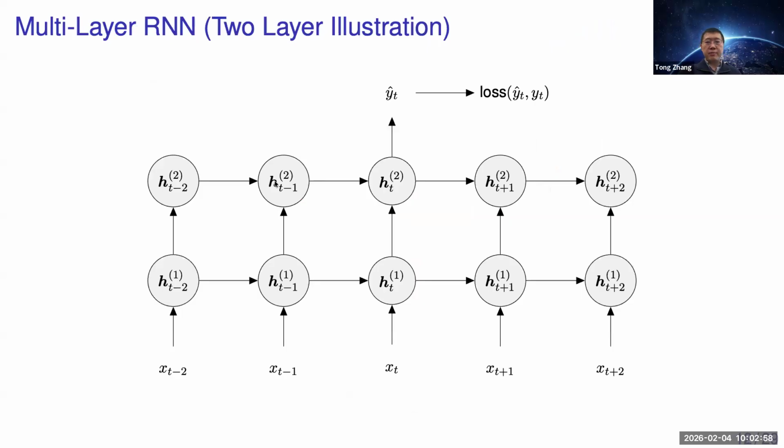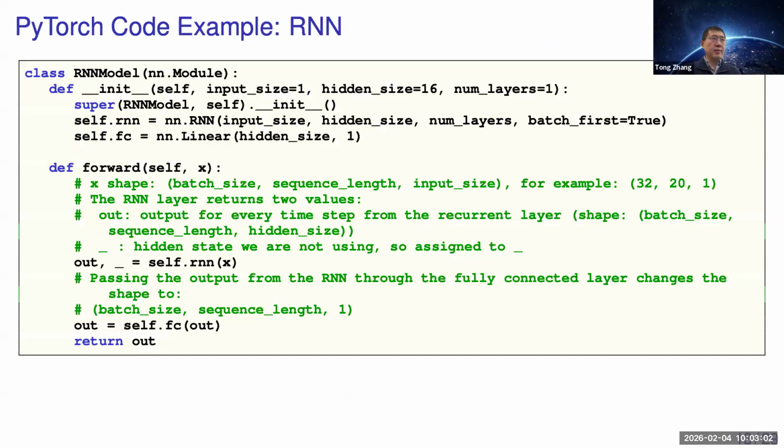So you can just write it yourself. This is not too much. Here is an example RNN. You don't need to write all this recurrent code because it is already given.